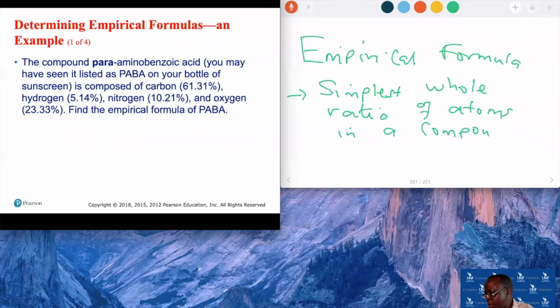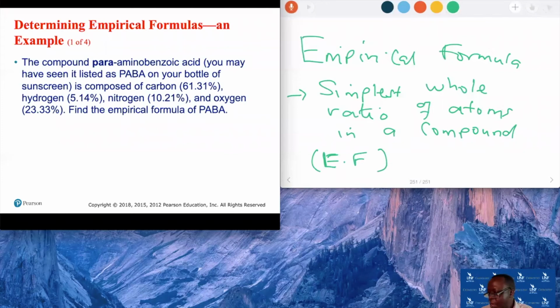It is a whole number ratio. I will be using the abbreviation EF for empirical formula, which is simply the simplest whole number ratio in a compound.